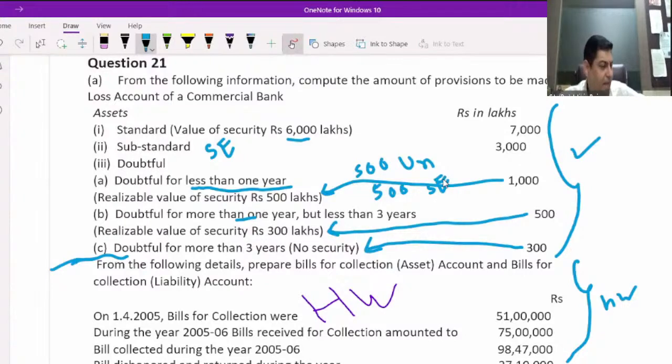From the next 500, 200 is unsecured, 300 is secured. And this 300 is completely unsecured. This should be the bifurcation.